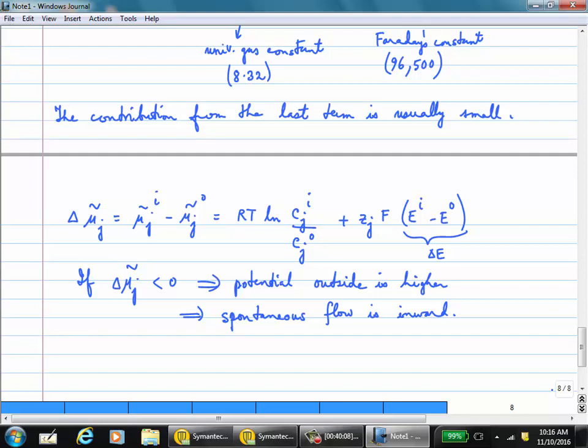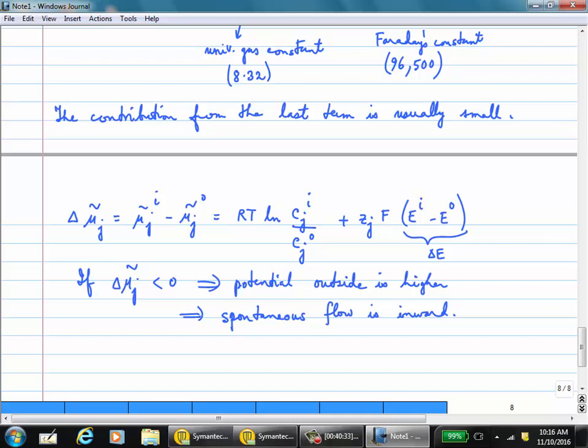Okay, this makes sense to you, right? Now, for a moment, if we forget about the charge, let's say the molecule is uncharged, then the flow should be determined by the concentration gradient.